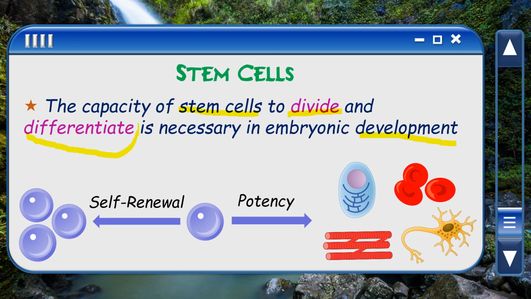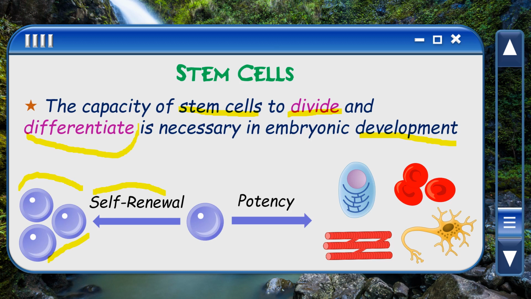All of us know that when a sperm meets an egg, they form what we call a zygote. Now we have fully one cell. And that cell starts what we are referring to as self-renewal, dividing and becoming very many cells.